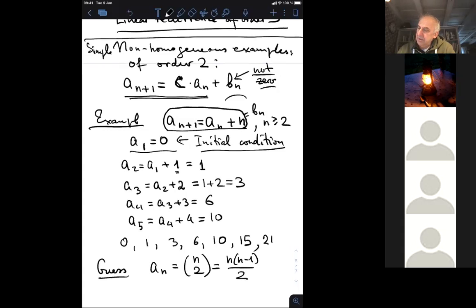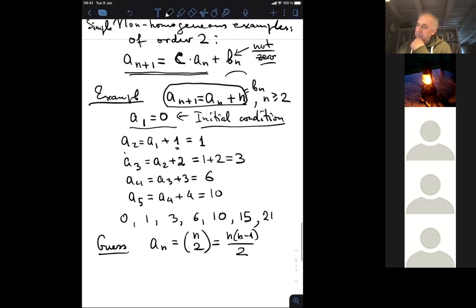So let's check that this works. a1 vanishes because we have 1 minus 1 here, which equals 0. For a2, if we put in n equals 2, we get 2 times 1 divided by 2, which is 1. For 3, we get 3 times 2 divided by 2, which is 3, and so on.